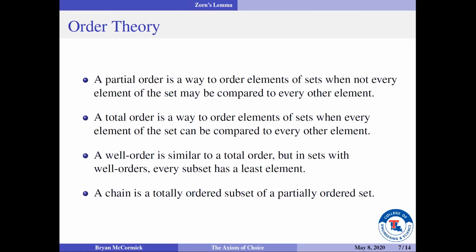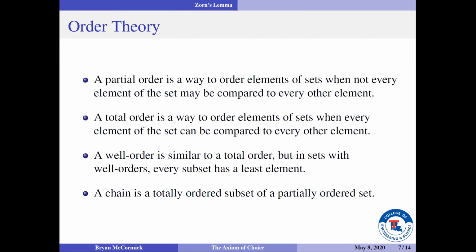In a family tree, a child is a descendant of their parent. You can compare them that way. But if you take a child and their cousin, you can't really compare them. One's not greater than the other. That's an example of a partial order.